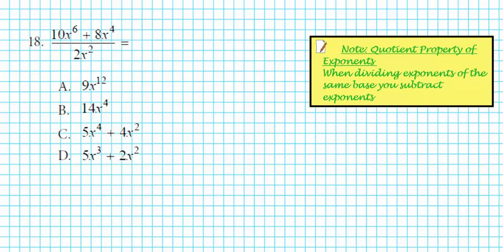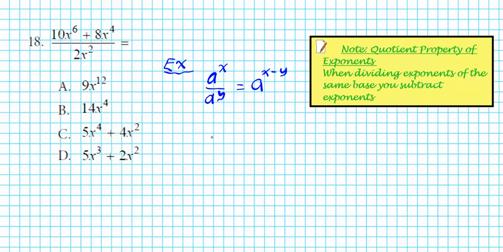So for example, a^x divided by a^y, you're going to subtract the powers, x - y. This is known as the quotient property of exponents.